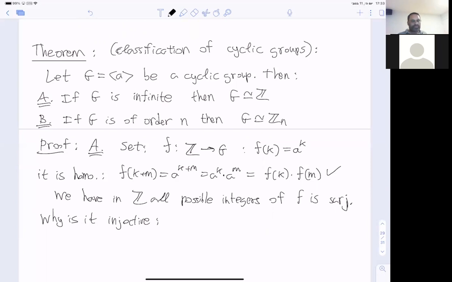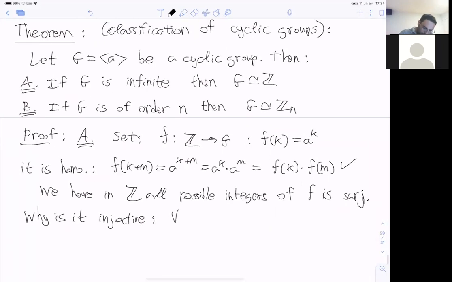Or the opposite way: if you have two different sources, you must have two different images. So for any m which differs from k, we claim that a^m is different from a^k.